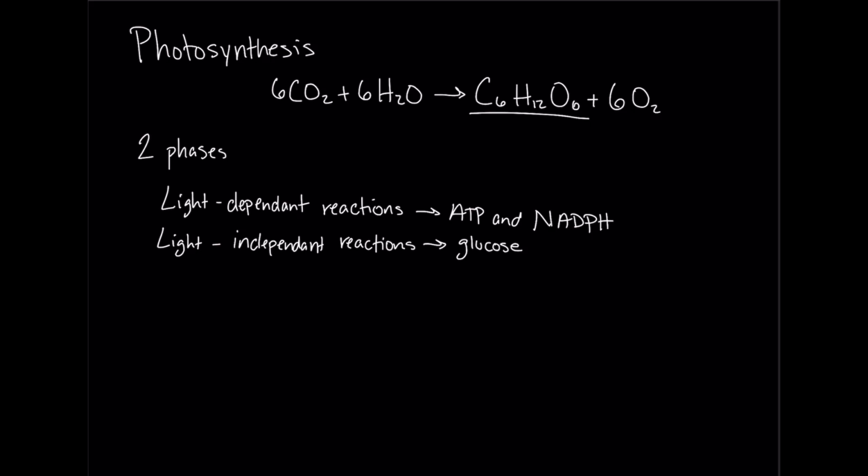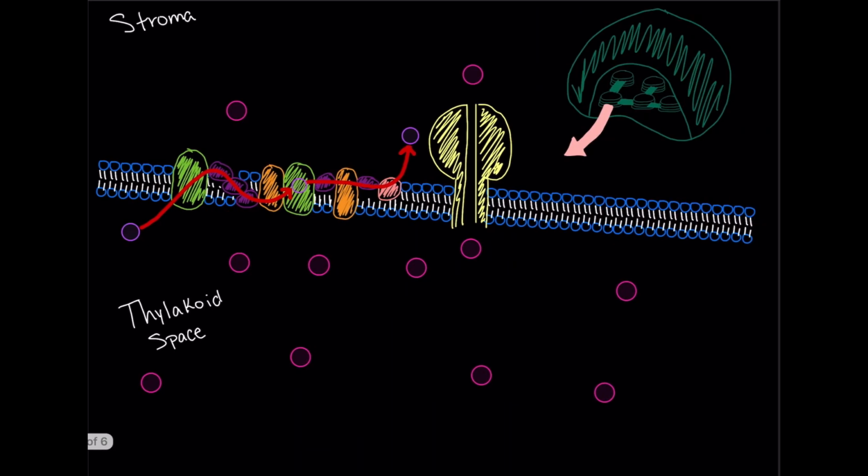All right. Now let's dig deeper into phase one, the light reactions. This is where light is absorbed by organelles like the chloroplast. So, for example, this would be a chloroplast, and chloroplasts are in the cells of the leaves in trees, in plants, and any vegetation on this earth.